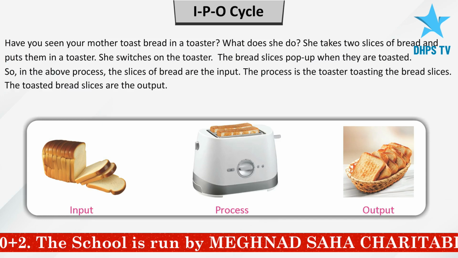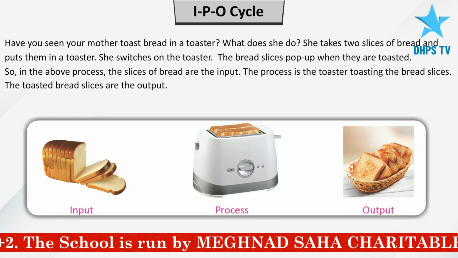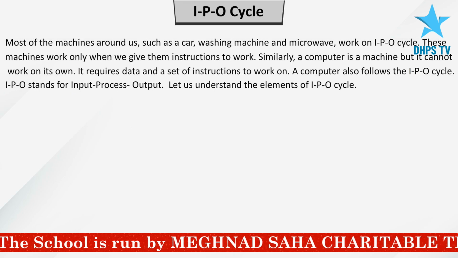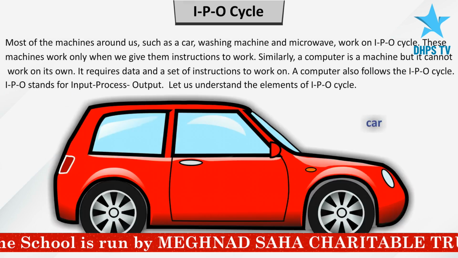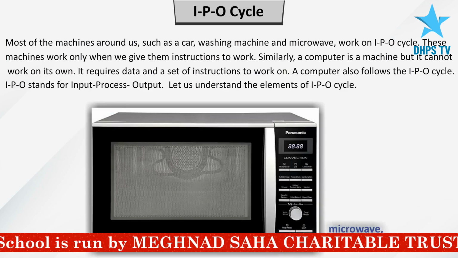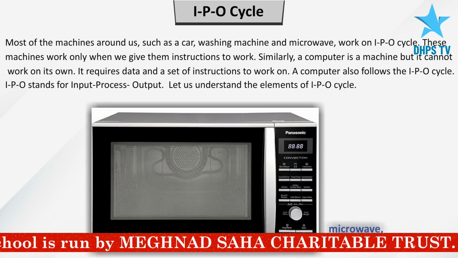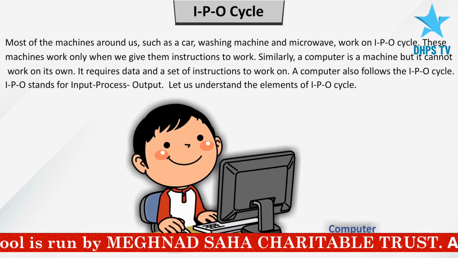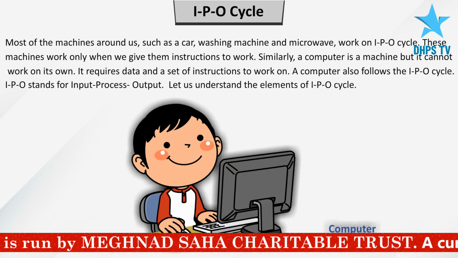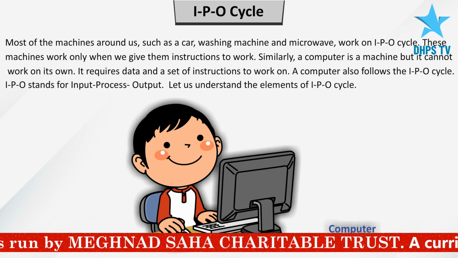Many activities that we do involve IPO cycle. Most of the machines around us, such as a car, washing machine, and microwave, work on IPO cycle. These machines work only when we give them instructions to work.